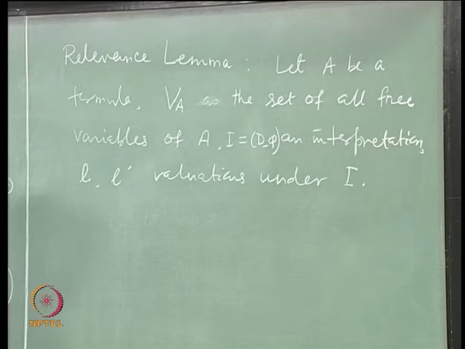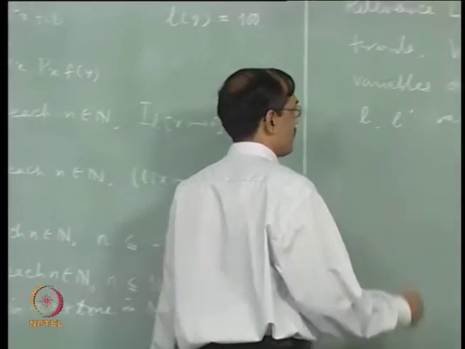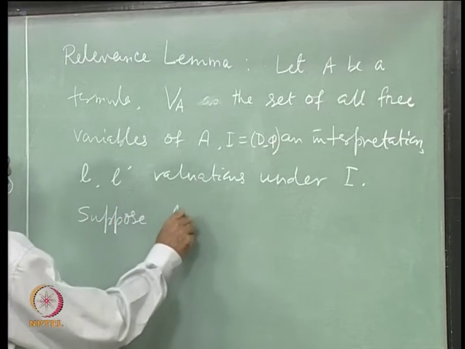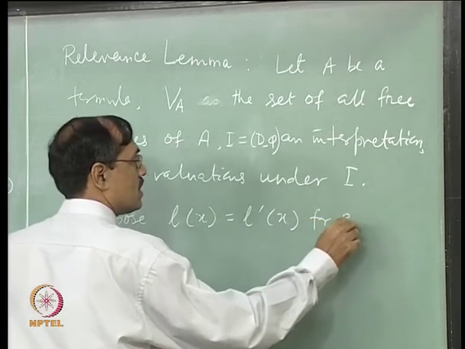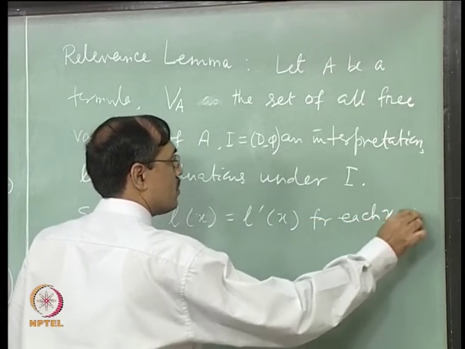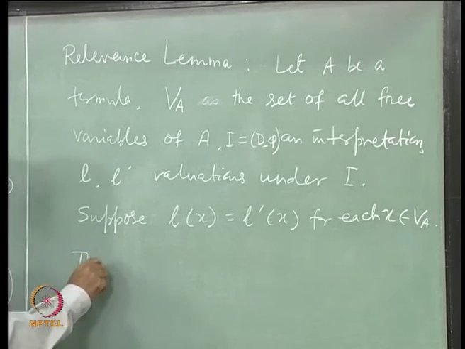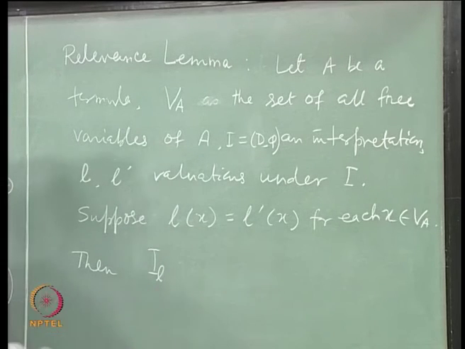So what we say is that if these two valuations agree on V of A, all the free variables, then they should evaluate the same way. That is what it says. Okay. Suppose L of x equals L prime of x for each x in V A, then the ensuing states I L and I L prime should evaluate the formula A the same way, right.